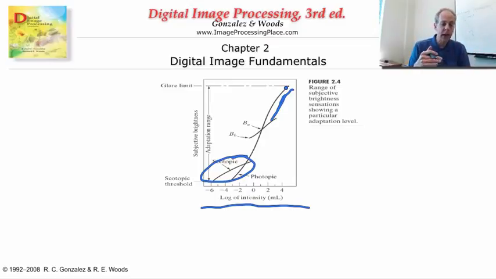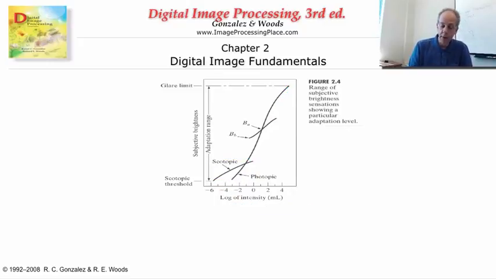And what we need is actually to adapt. So at a certain level of intensity, for example, this point, we adapt and we're able to see this range. If we are adapting around here, we are not able to see, or at least not see very easily, around here, or at very, very low intensities.